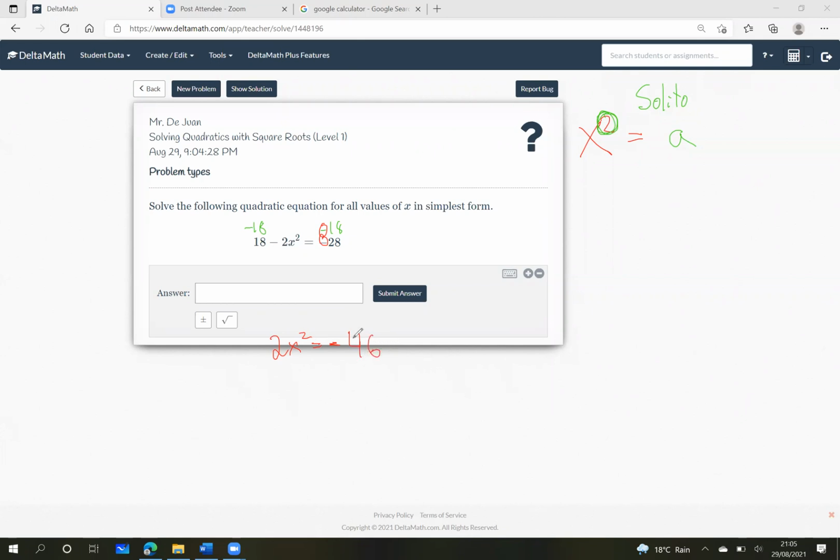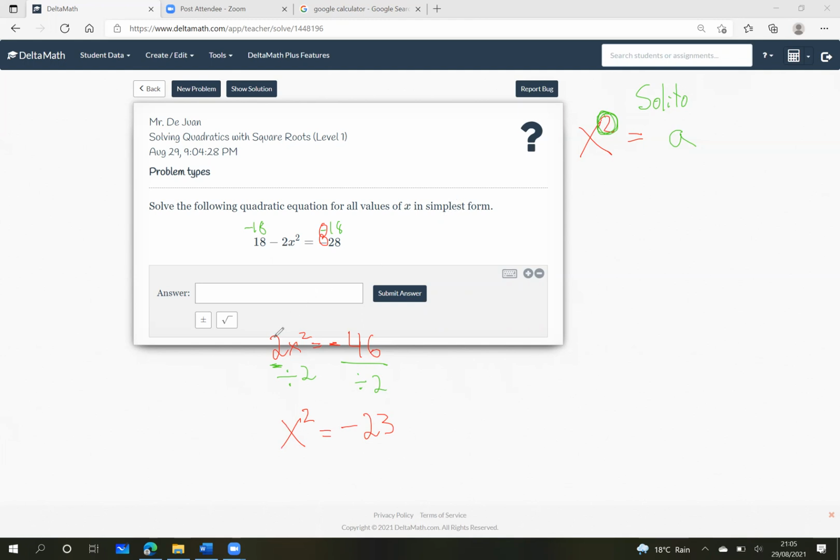But ojo, we have a 2 there, so we're going to divide by 2 on both sides.